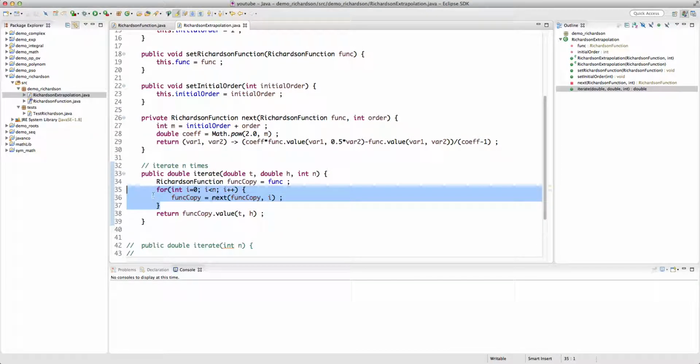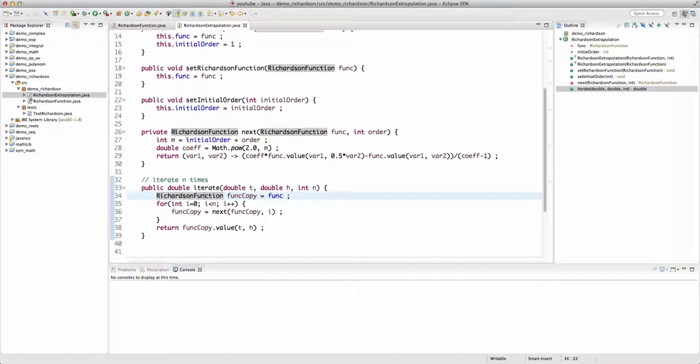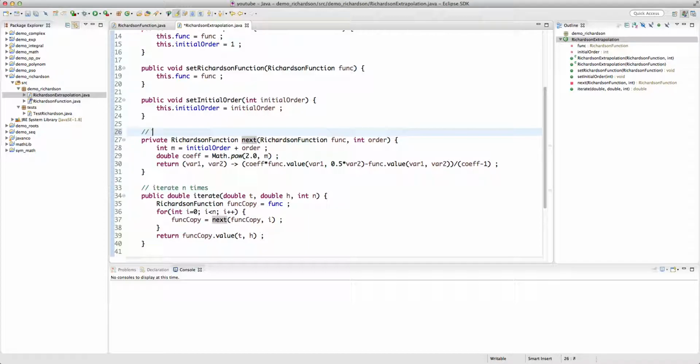So what is this iteration? This next obviously must return a Richardson function, and it basically takes a Richardson function and the order, okay, and this order is the order of sequence or recursion.